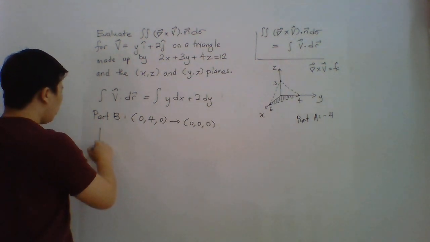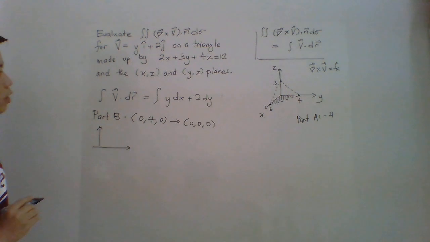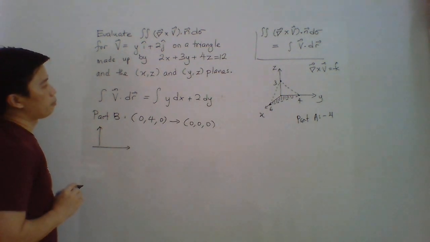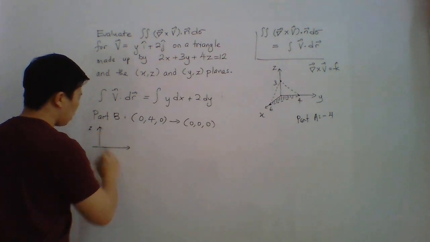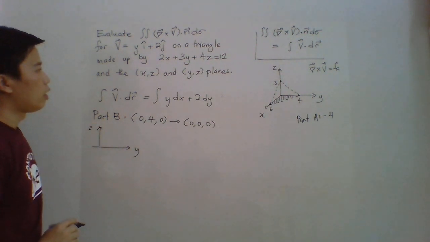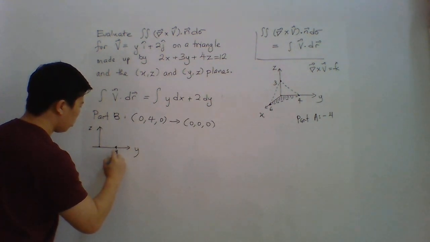And if you plot it on the graph like this, we can have this as the z plane, this is the z axis, this is the y axis, and here you have just a straight line. So this is 4, this is 0, right?